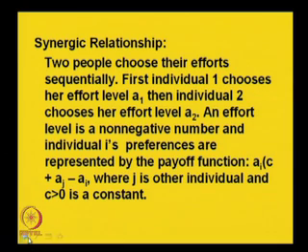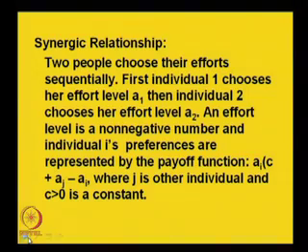This is a case of a synergistic relationship, and this synergistic relationship game we have seen before also in the case of games where the players were taking their actions simultaneously. So, those were strategic games, but they could be applied in the case of a sequential game, that is an extensive game, also. So, this is the description of the game. Two people choose their efforts sequentially.